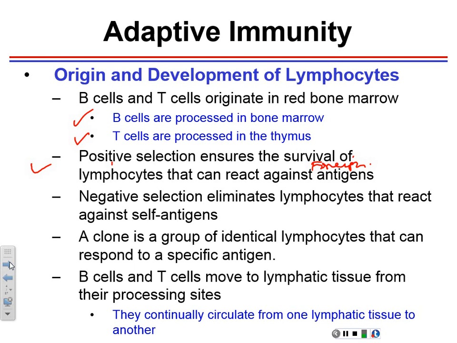You don't want immune cells to survive that will attack your own antigens. All right. So negative selection will eliminate any lymphocytes that will attack self-antigens. It's selecting against, okay? Positive, you will select for those that will attack foreign antigens. That's positive selection, right?